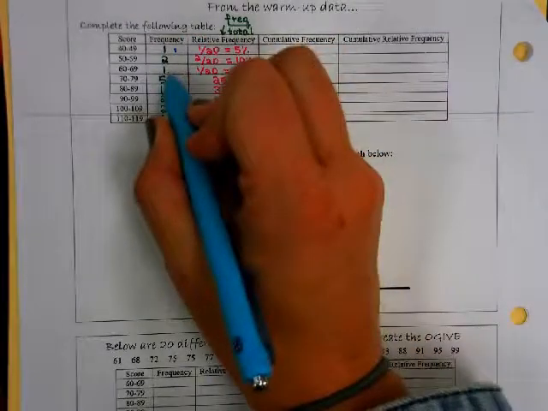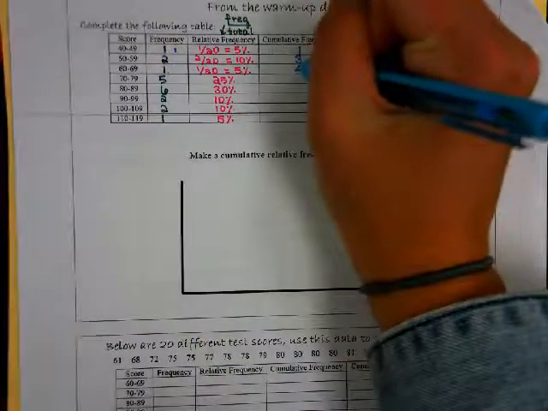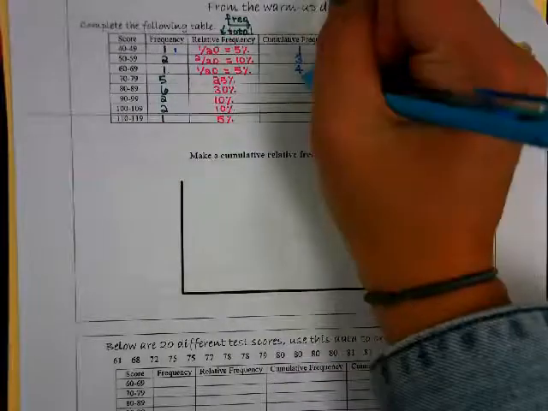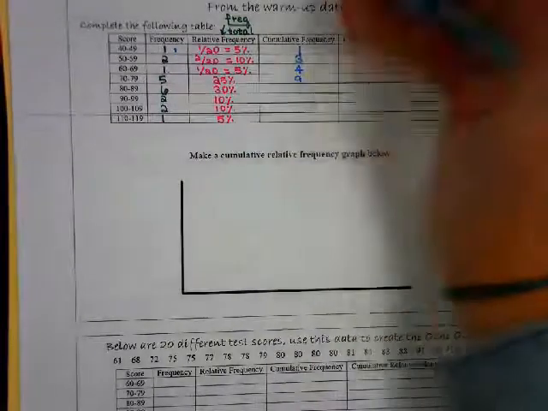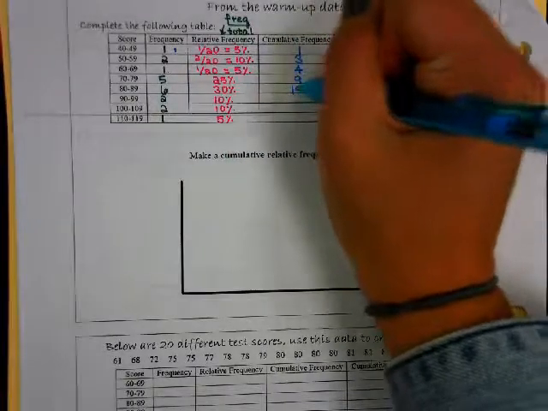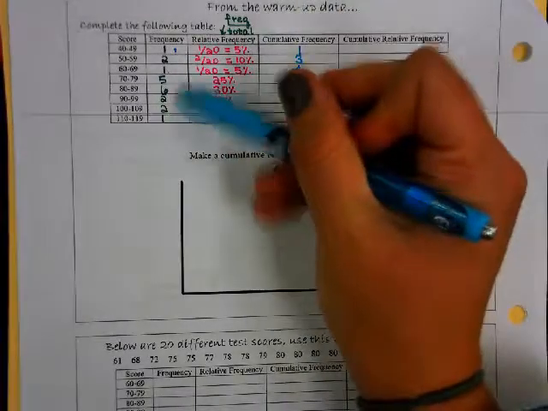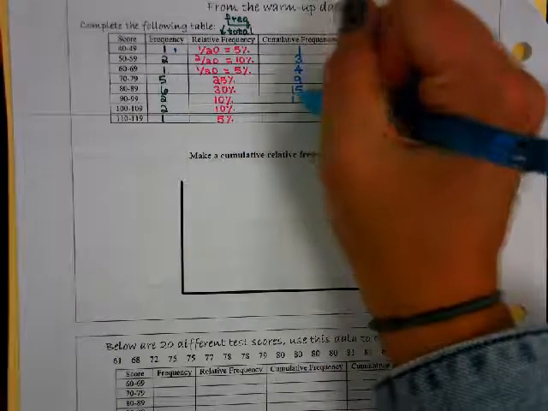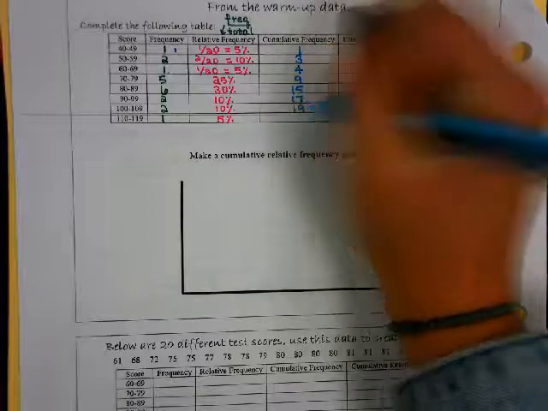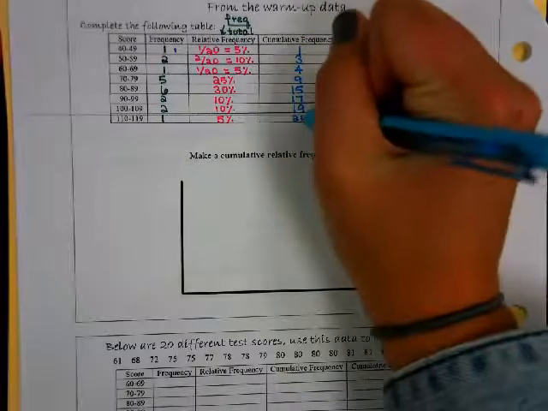So here, we had 1 plus 2 plus 1, which would give us 4. 5 plus those 4 would give us 9. 6 plus those 9 give us 15. 2 plus those 15 give us 17. 2 plus those 17 give us 19, and then 20.